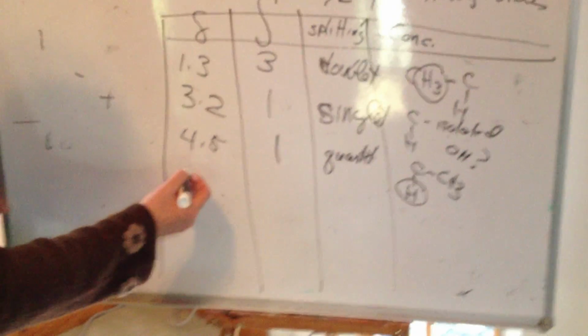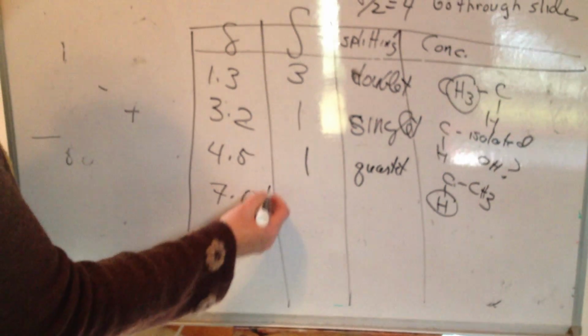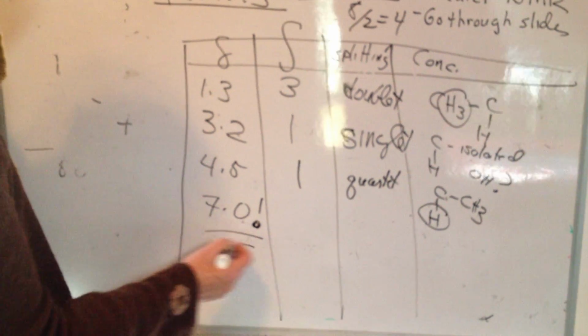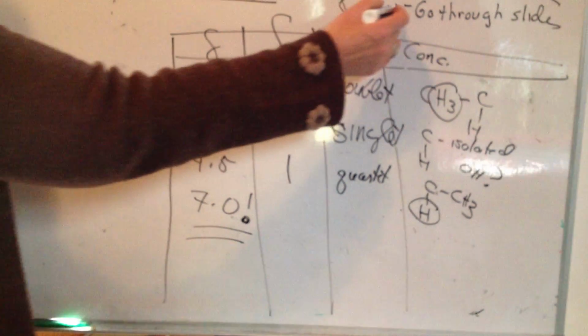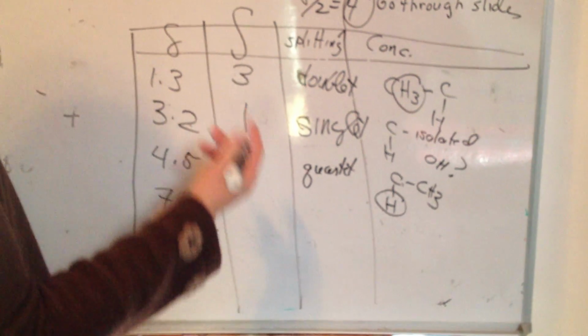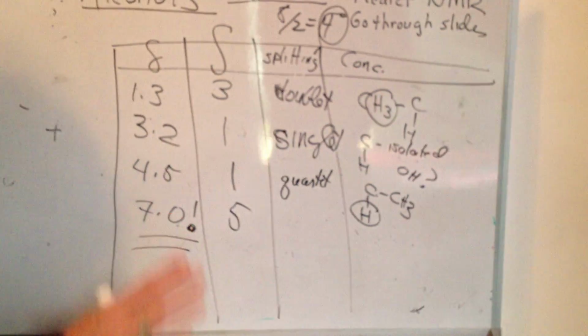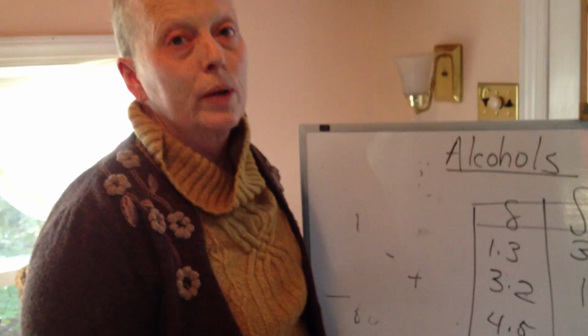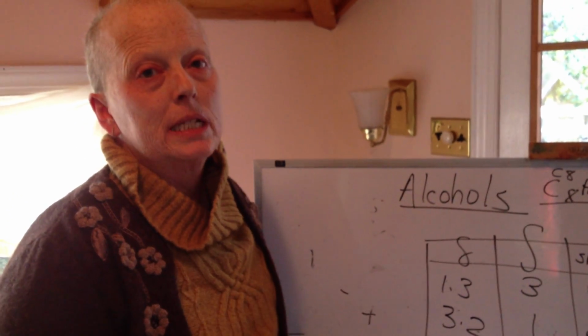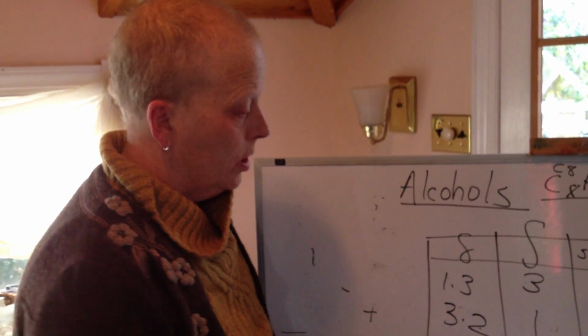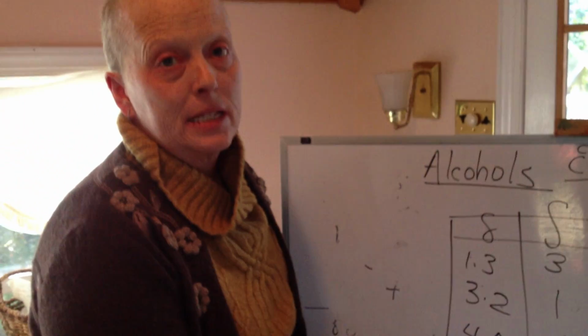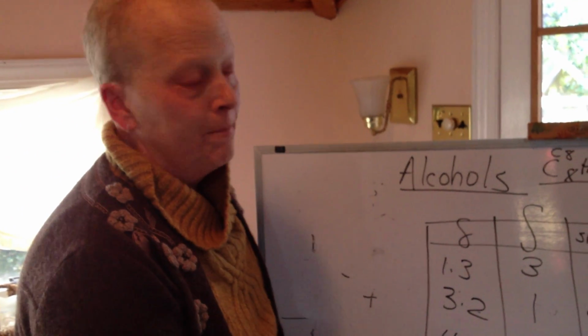But let's keep going. At 7, we have the very definitive aromatic. And remember, we have an unsaturation of 4. So that goes along with that idea. So the area is 5. Now remember, when the area is 5, you don't really have to think about it because there are only 6 positions on a benzene ring. Now, of course, we're taking a bit of a guess that it is a benzene ring, but it's a pretty good guess.